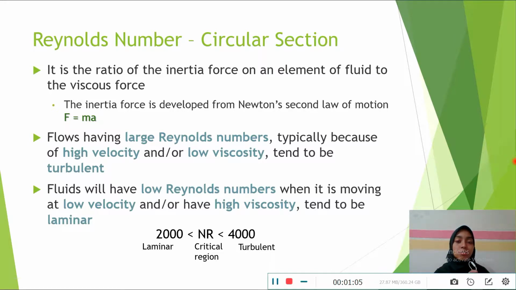Meanwhile, fluids, water, that have a low Reynolds number, when moving at low velocity and/or having high viscosity, tend to be laminar. To simplify it, a Reynolds number below 2000 is laminar flow, above 4000 is turbulent flow. Between these two values is the critical region.